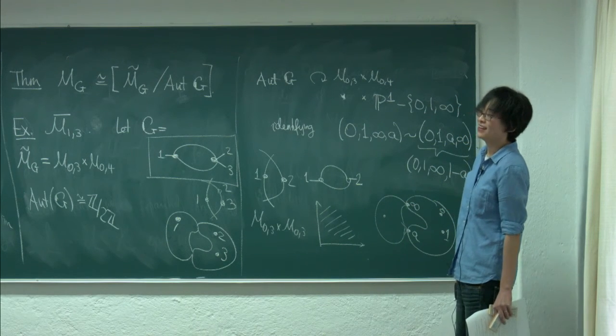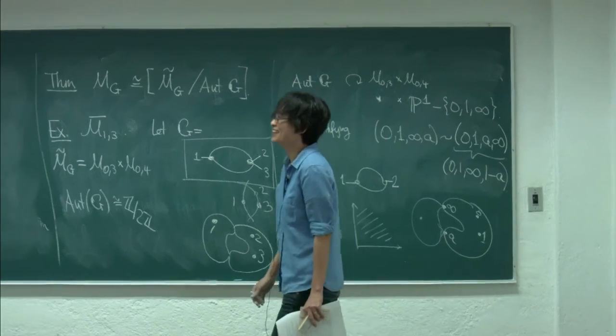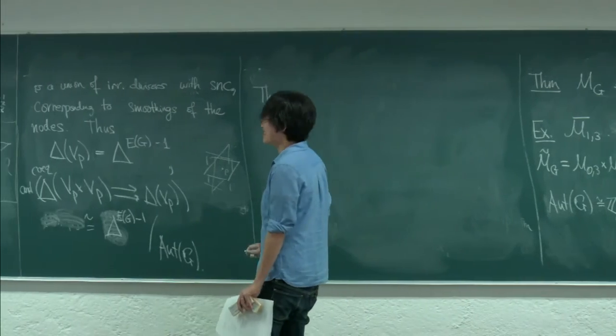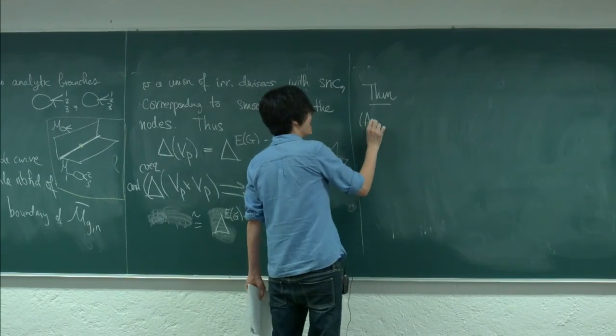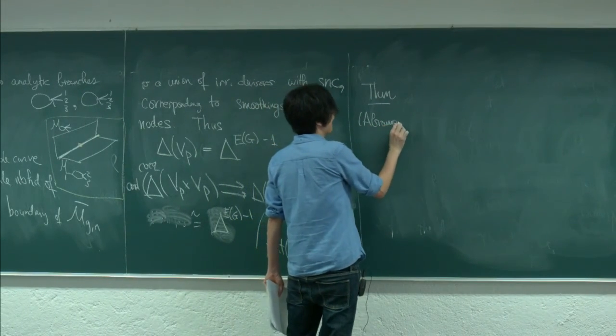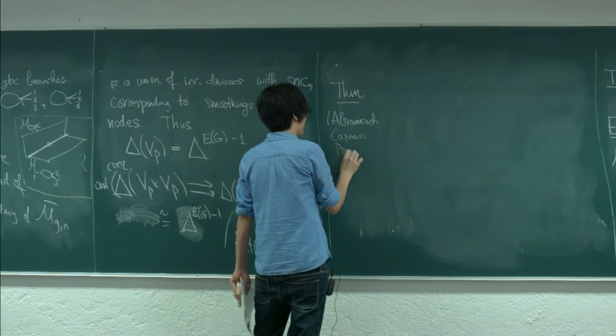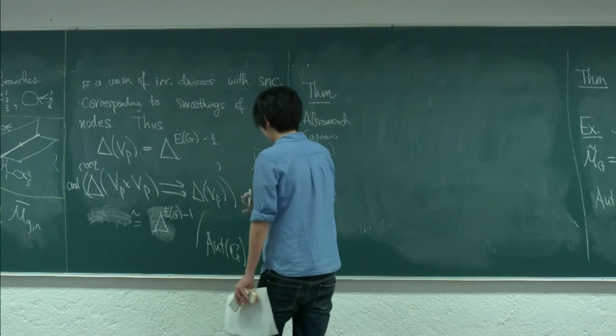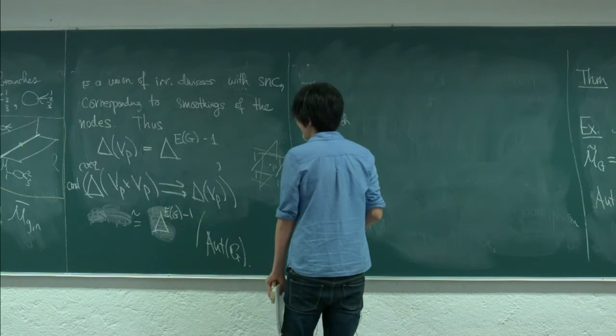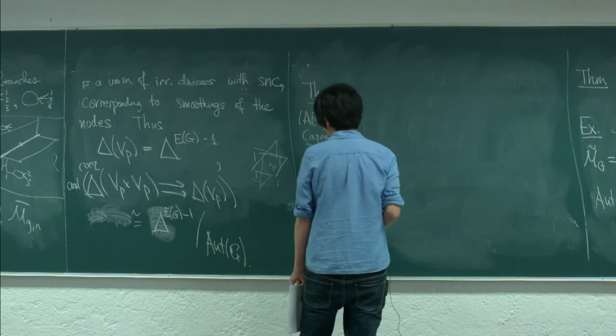Okay, good. I need to state the theorem, and then I would love to tell you one type of application. A theorem of Abramovich, Caporaso, and Payne works all of this out. I've been following the exposition of this paper quite closely.